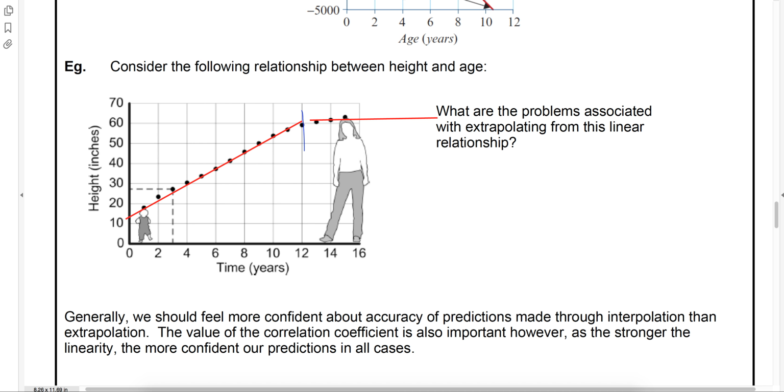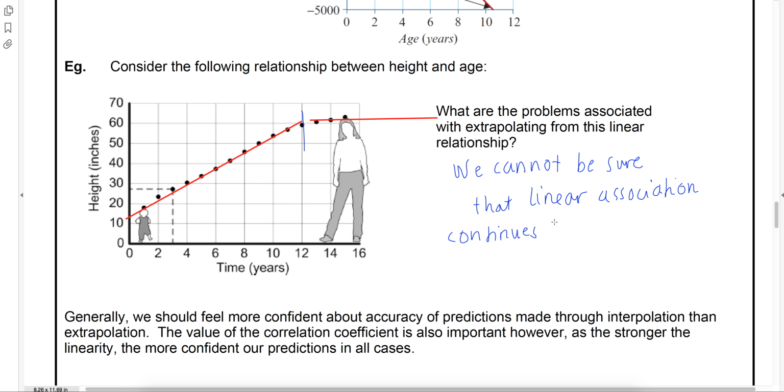So why is this question here? What are the problems associated with extrapolating from this? We cannot be sure that the linear relationship, or linear association, I like to use that word a bit more, linear association continues beyond, and as you can see, beyond about 12 years.